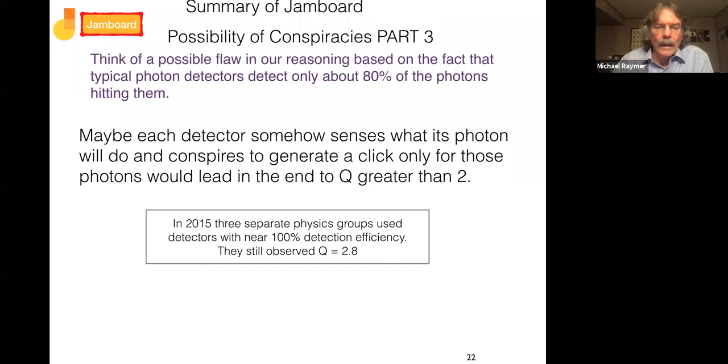Like I said, these experiments were done in 2015, and they still observed Q equals 2.8, which is much greater than 2. So we've shown that experiments have eliminated these two loopholes, the communication loophole and the detector loophole. Well, is there another loophole?